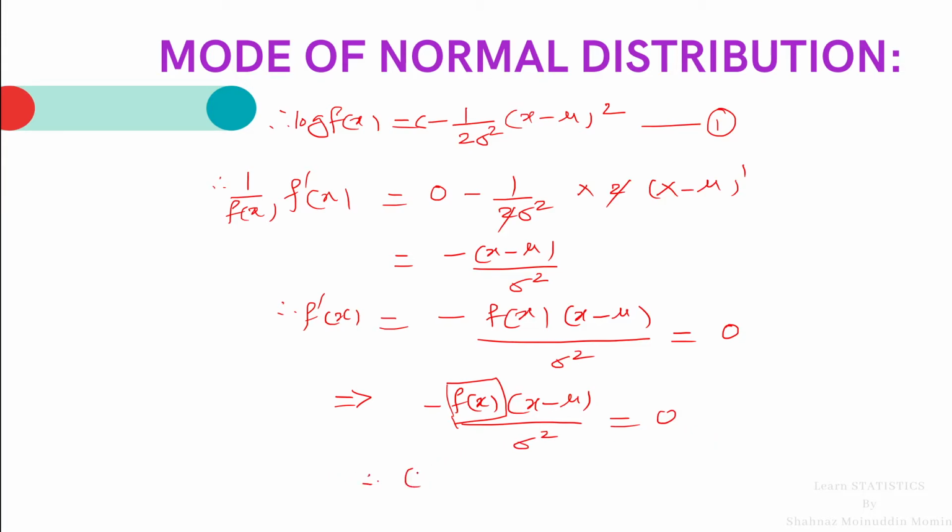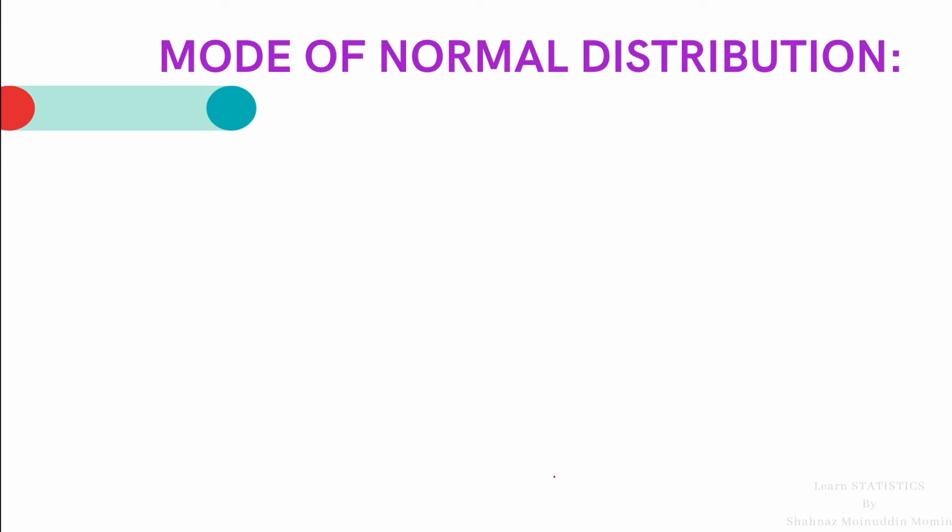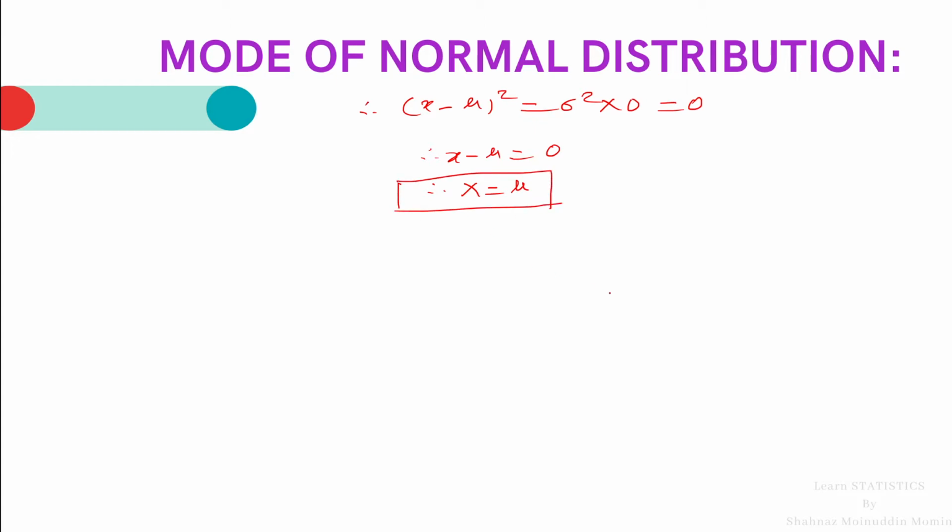Hence (x minus mu) upon sigma square is equal to 0. Therefore (x minus mu) square is equal to sigma square into 0, which is equal to 0. Hence x minus mu equal to 0. Therefore x equal to mu. This is the value of x by equating the first derivative of PDF to the value 0.